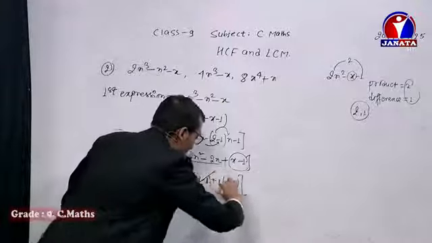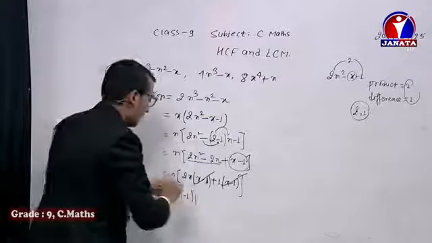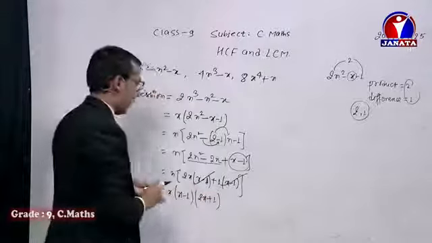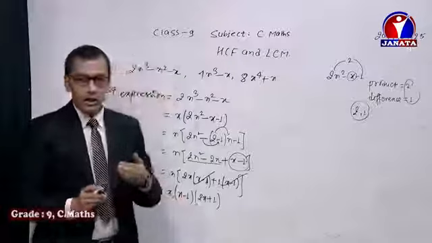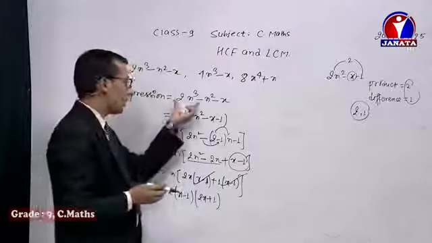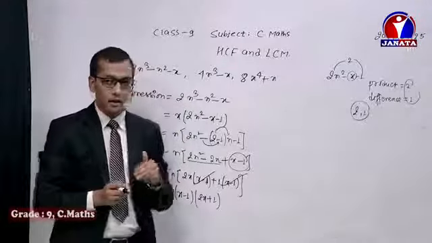We take the common factor x minus 1 times the remaining terms, 2x plus 1. So these are the factors of the first expression 2x cube minus x square minus x.